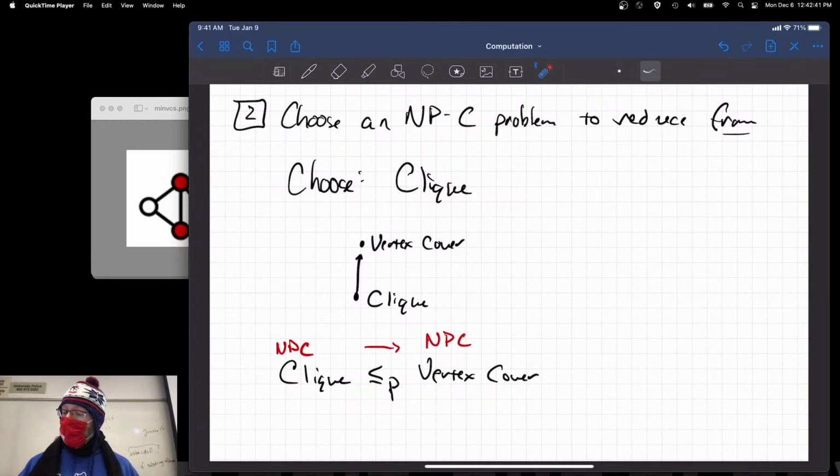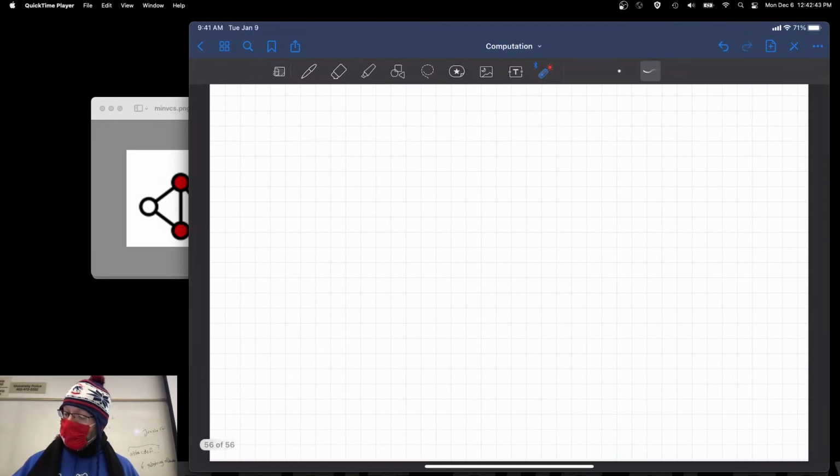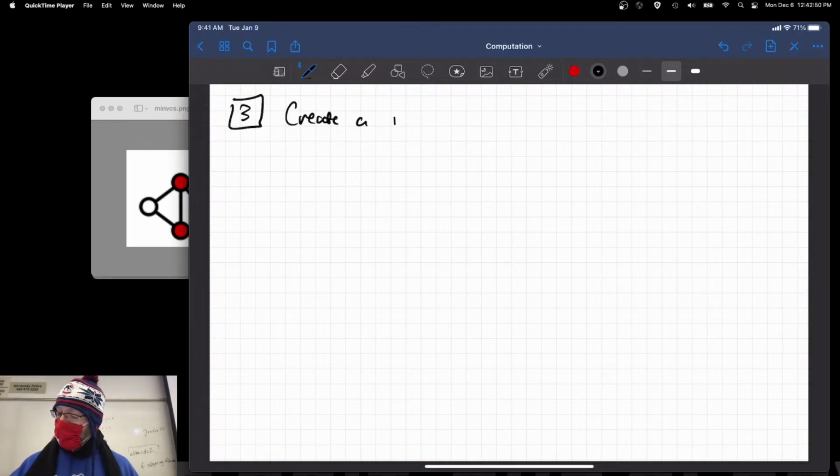Okay? So, create a map. In other words, I want to take a G and transform it into some other graph. I have no idea what it is yet, because I haven't identified it, with the following properties.